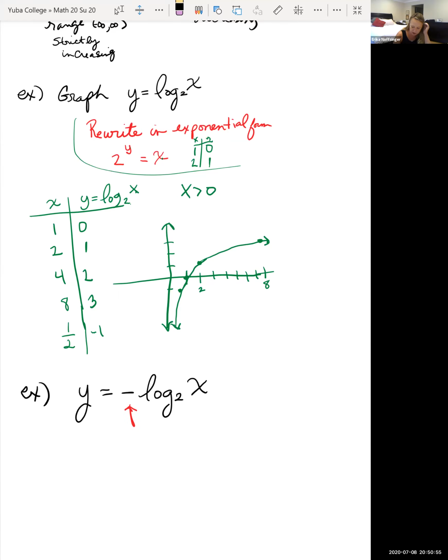Our parent function, the function that we're going to perform transformations on, is g of x equals log base 2 of x, what we just graphed. So you think to yourself, how do I manipulate this equation to get a negative in front? Well, I'd have to multiply my y value by a negative. So it's swapping my y values. Swapping my y values is a reflection across the x-axis.